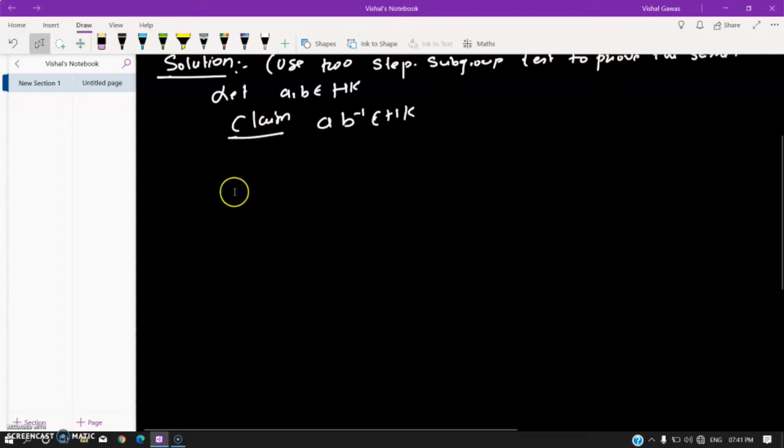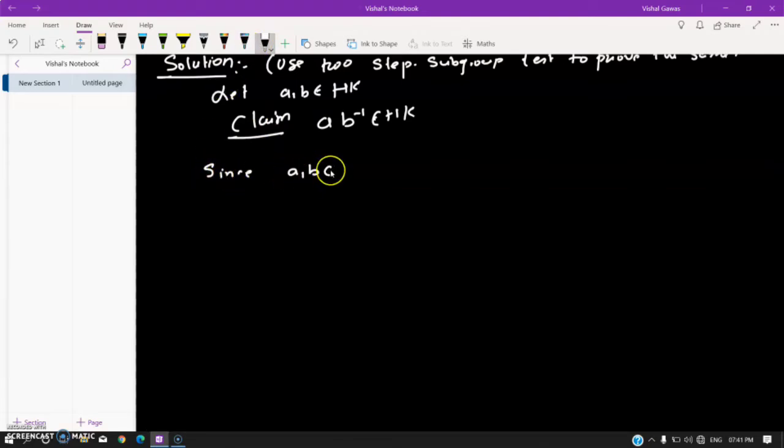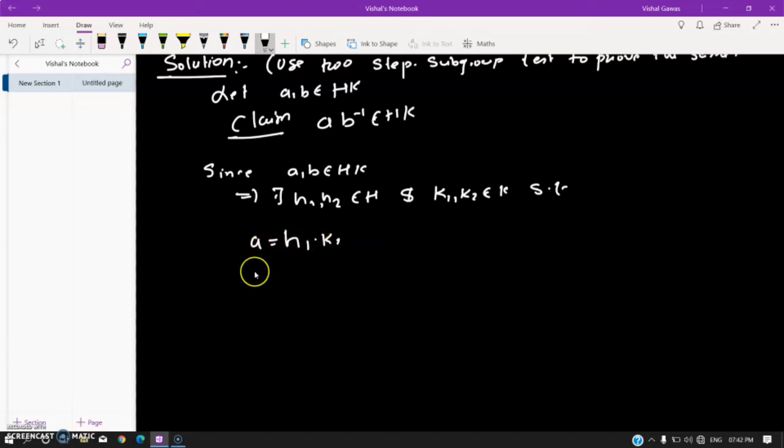Now, since A, B belong to HK, this implies there exist H1, H2 in H and K1, K2 in K such that A is H1 K1 and B is nothing but H2 K2.